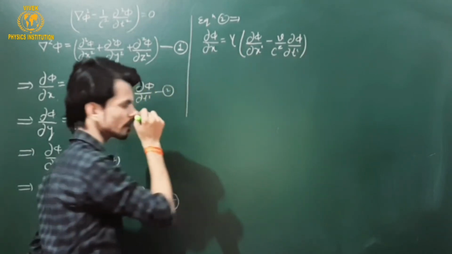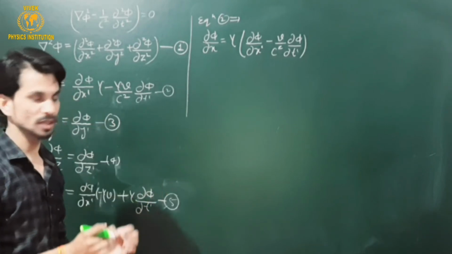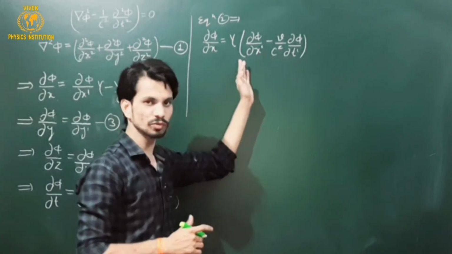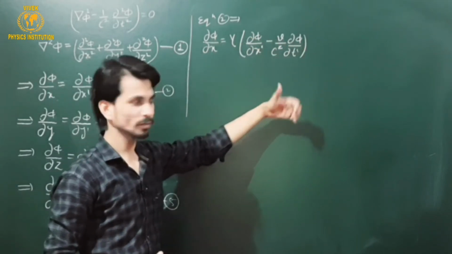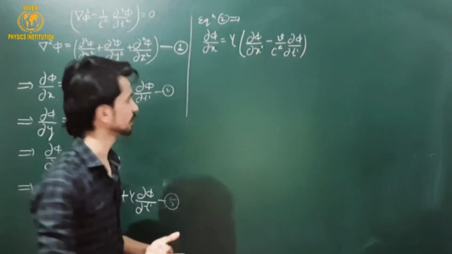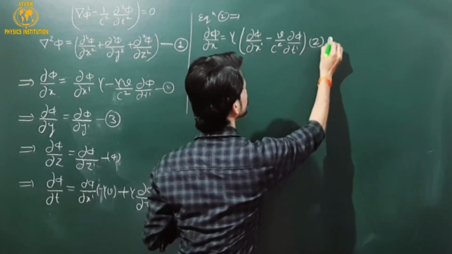Okay, if I am interested to write equation 2 without the phi, without the variable on which the operator is operated, we give another name to this equation. Let's say this equation is 2a.